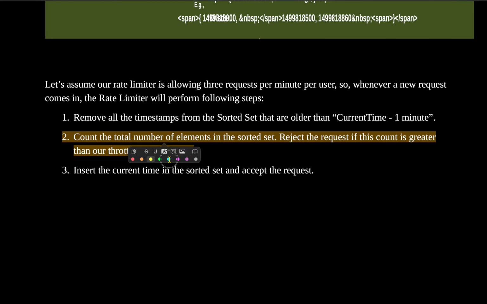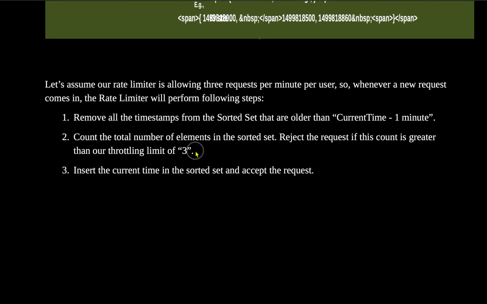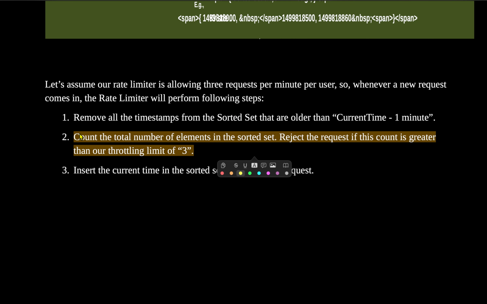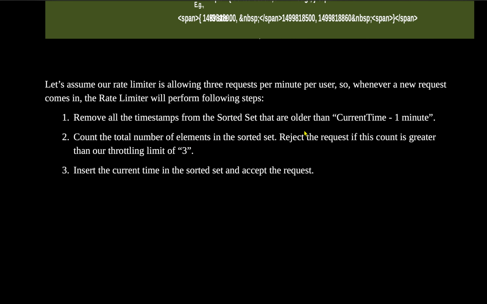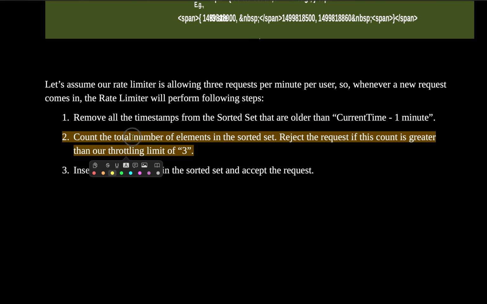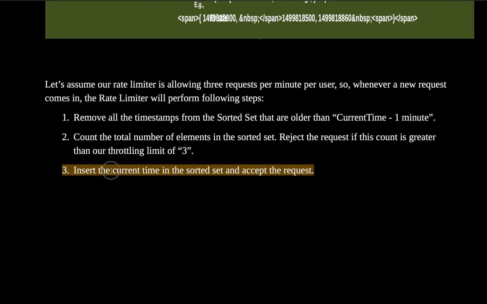And then count the total number of elements in the sorted set. Reject the request if the count is greater than our throttling limit of 3, otherwise insert the current time in the sorted set and accept the request. So we have only 2 options over here.